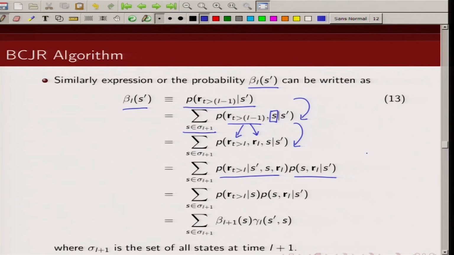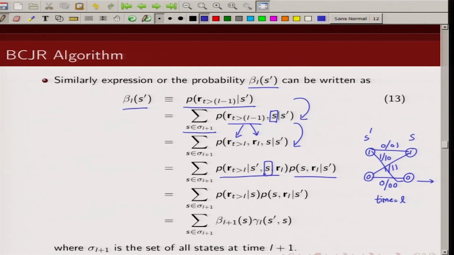and we know that, again let us go back to our trellis section. So, 0 0, 1 1, 1 1 0 and this is 0 0 1, this is state 0, this is state 1. So, if you are interested in the probability of R t greater than L, that is, this is your time L. So, probability of R t greater than L given previous state S hat, next state S and R L, it only depends on the next state.